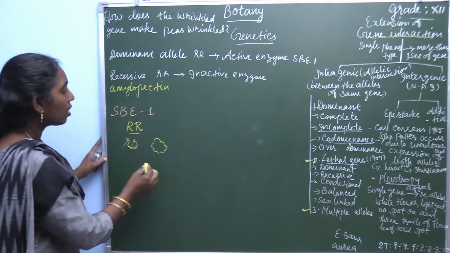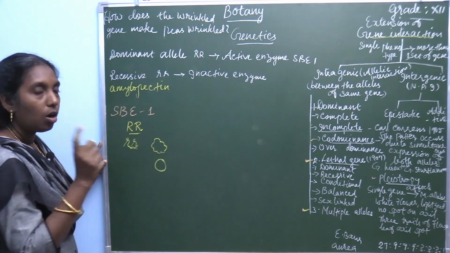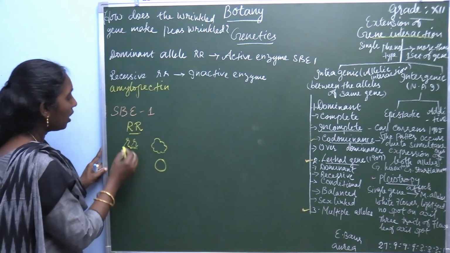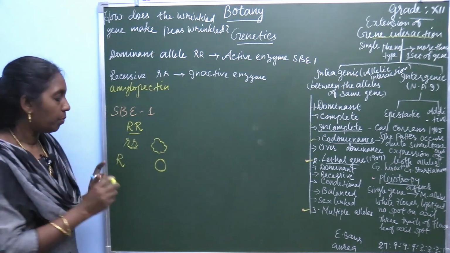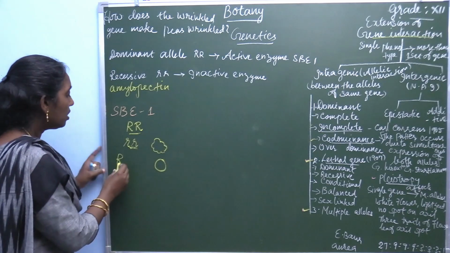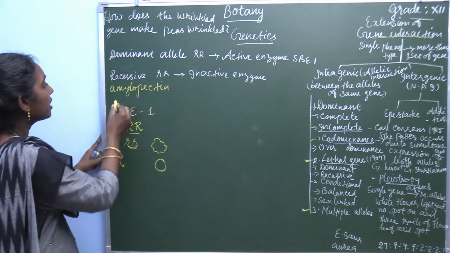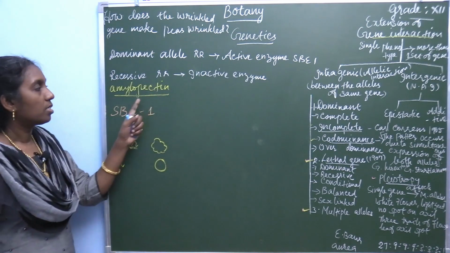And what about the round seed? If there is any one copy of capital R, either capital R capital R or capital R small r in heterozygous condition, this seed catalyzes the formation of the enzyme amylopectin starch.